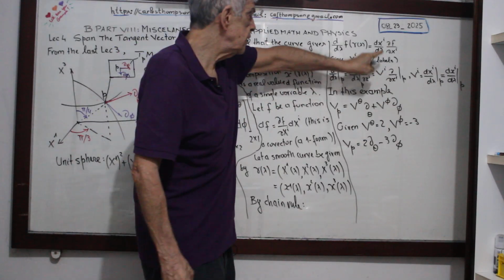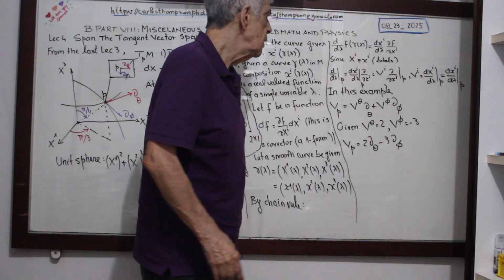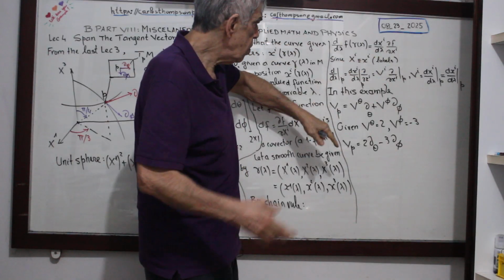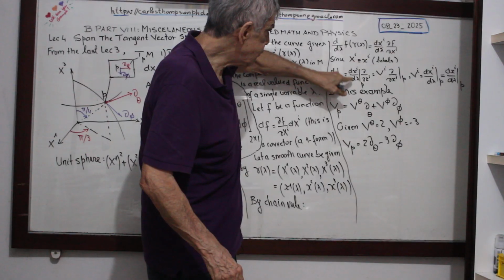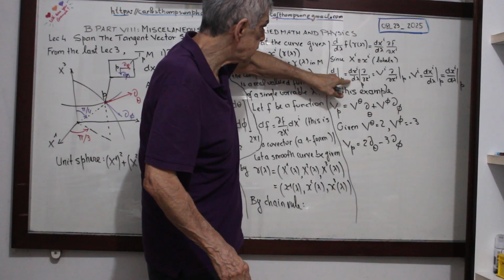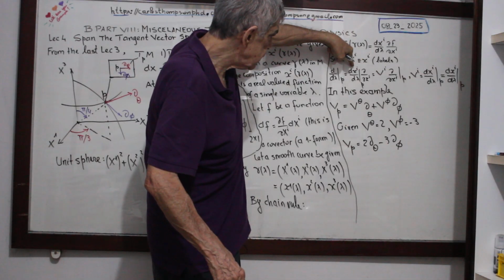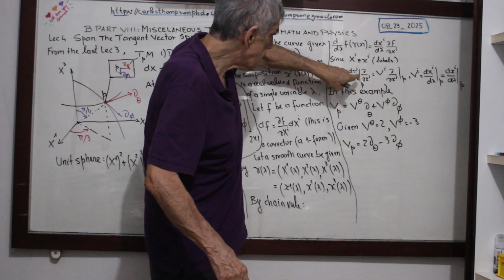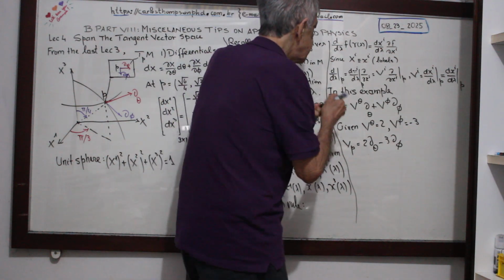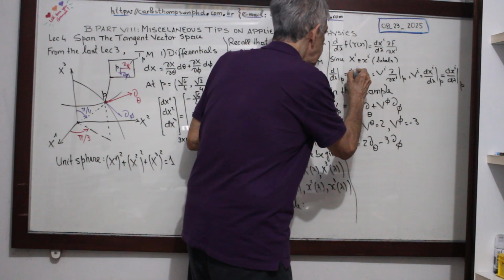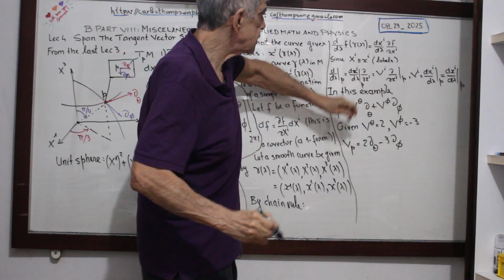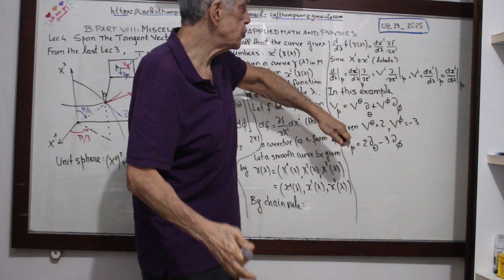So this dxi d lambda is equal to this one, but this number I calculate using capital X. I just wrote small x here, but I substitute small x by capital X and do the calculations.